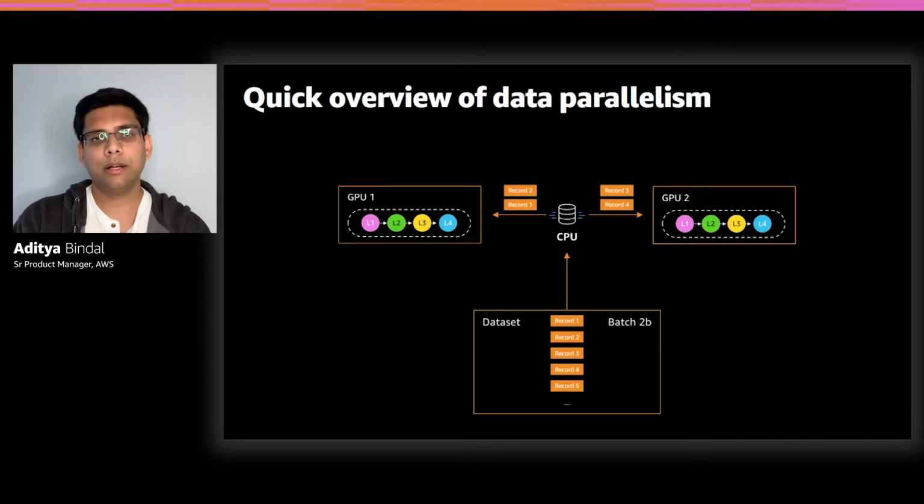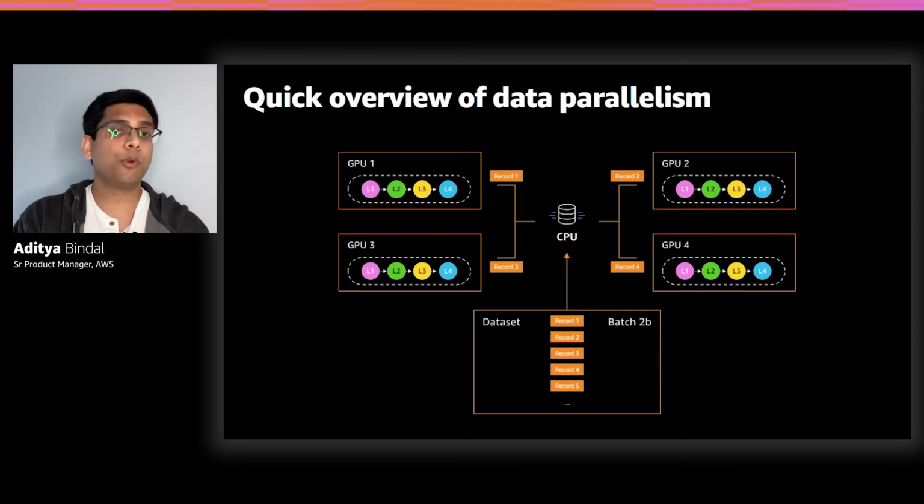So we take a mini batch and we pass different mini batches to different GPUs, and they train the model on their slice or subset of the training data. And you can then scale this idea and do it with more GPUs. So in this example, we now have 4 GPU devices. Each GPU has a complete copy of the neural network model, and each GPU device is training on different subsets or slices of the data.